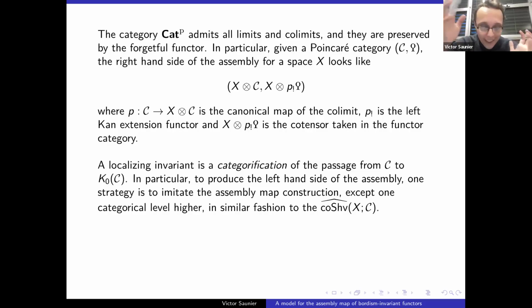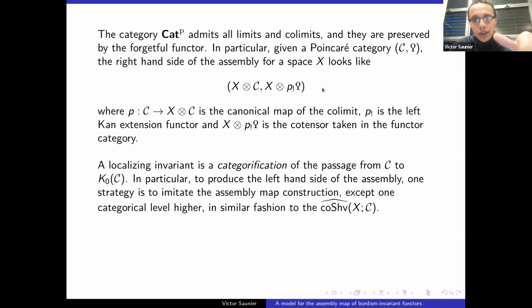Now, what's the idea in trying to build the assembly map in Poincare categories? I told you already, right? The localizing invariant is a categorification of the passage from C to K0 of C. But in particular, the passage from C to K0 of C is itself a decategorification, right? You have something that's a category, and now you just have an abelian group, and you've forcefully split a bunch of stuff. So what I want to do on the left side of the assembly is try to imitate the assembly map construction, the target of this, but one categorical level higher.